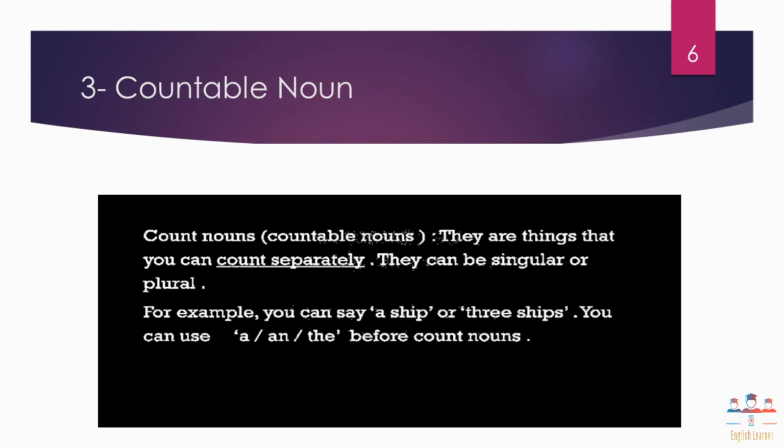For example, you can say a ship, or I may say 3 ships. It means a ship is a thing which is countable. You can use a, an, or the before count nouns.